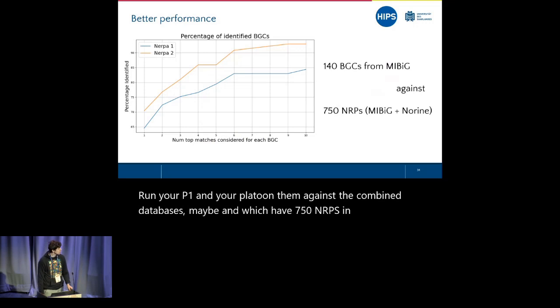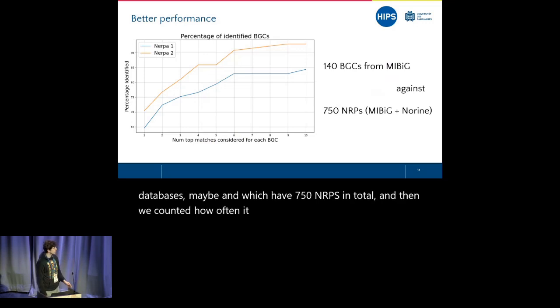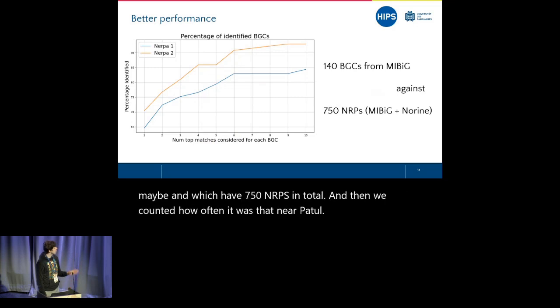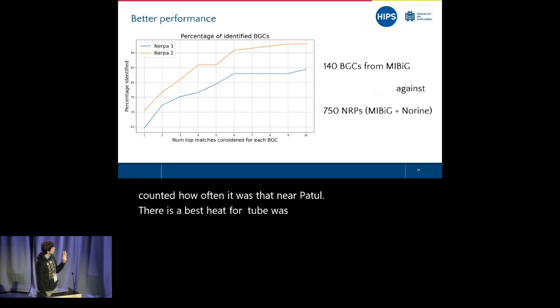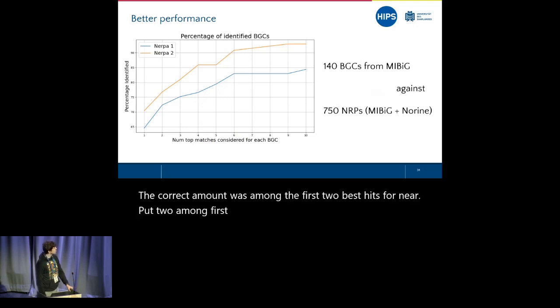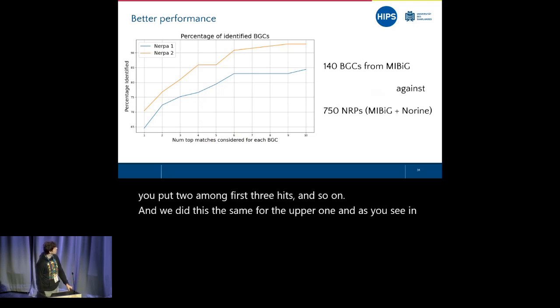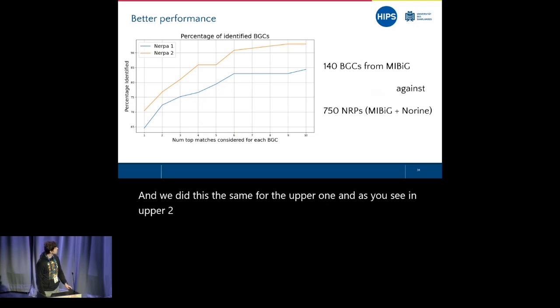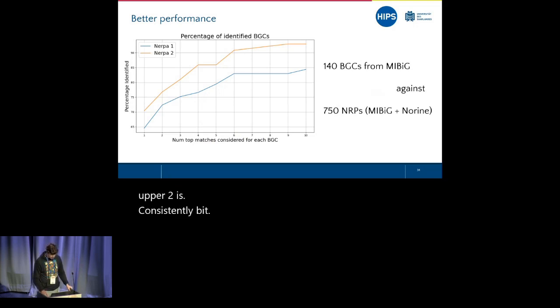And then we counted how often the best hit for Nerpa 2 was correct, and the correct compound was among the first two best hits for Nerpa 2, among the first three hits, and so on. And we did the same for Nerpa 1, and as you see, Nerpa 2 is consistently better.